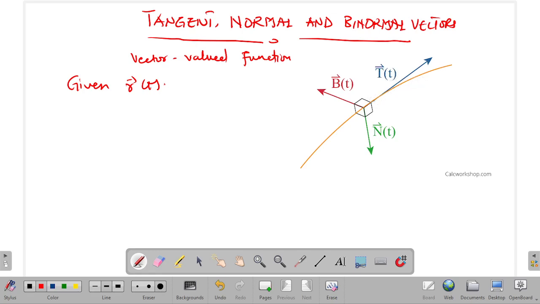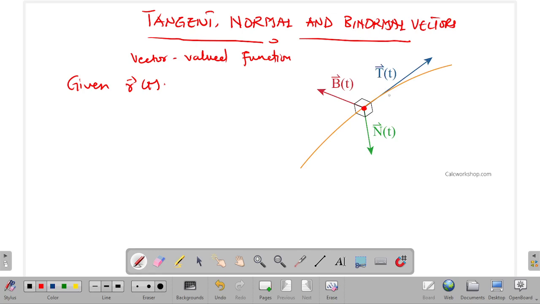When I find my tangent vector here, it is trying to tell me that this point is changing in this direction. So a tangent vector is always parallel to the direction of our curve. It gives us an idea of where the curve is gradually moving to. So that is the tangent vector.